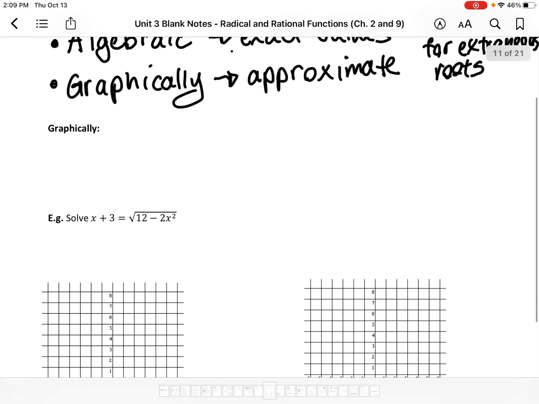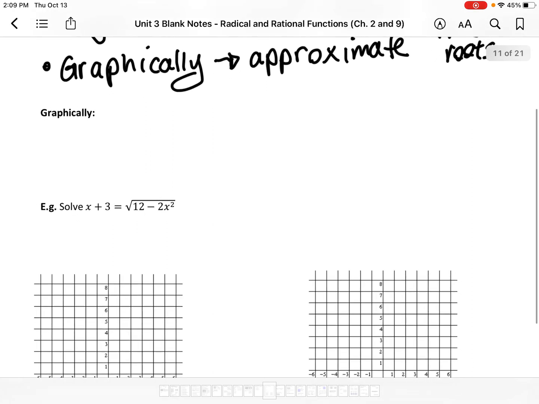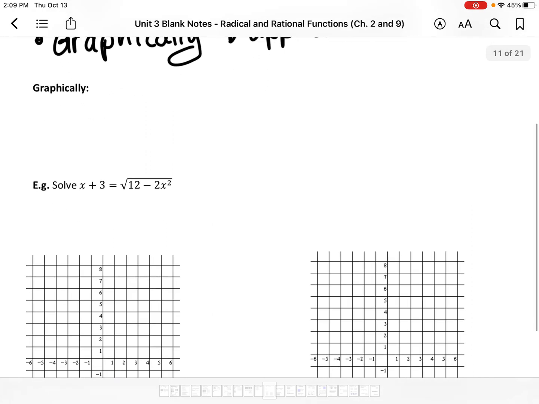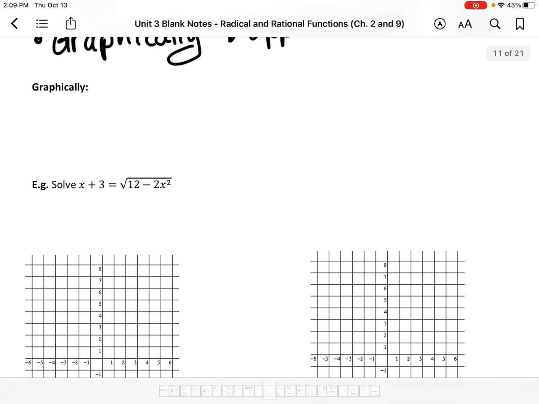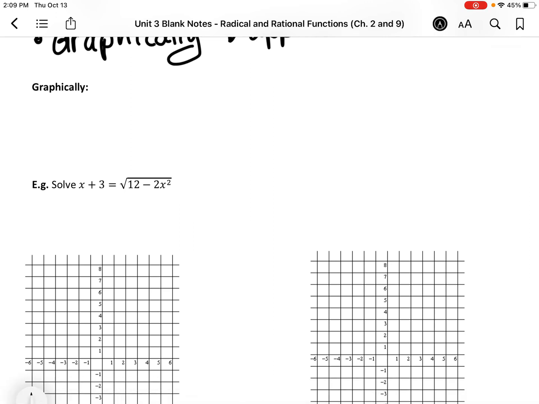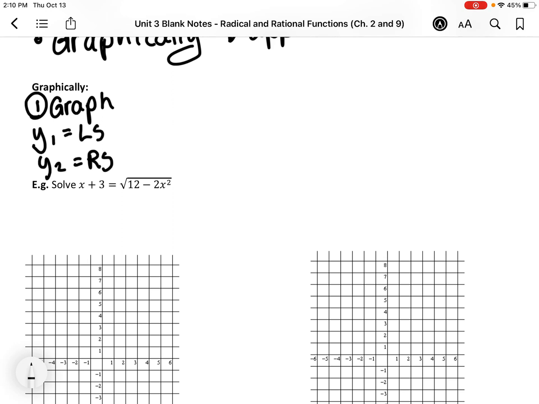Okay, now graphically, there's two ways that you can solve graphically. I would say that I personally use one way more than I use the other. Essentially, you can either graph y1 equals the left side and y2 equals the right side, and then find the x value of the intersection point.